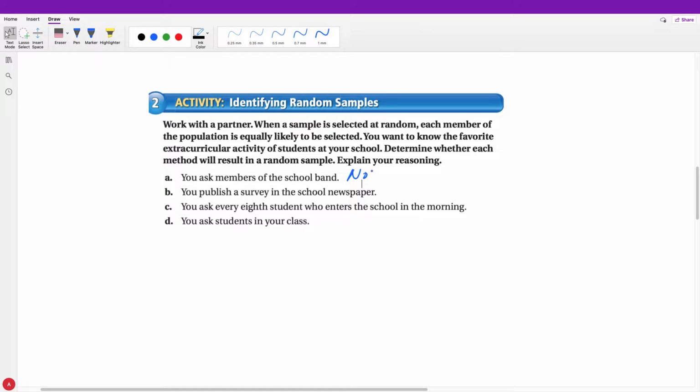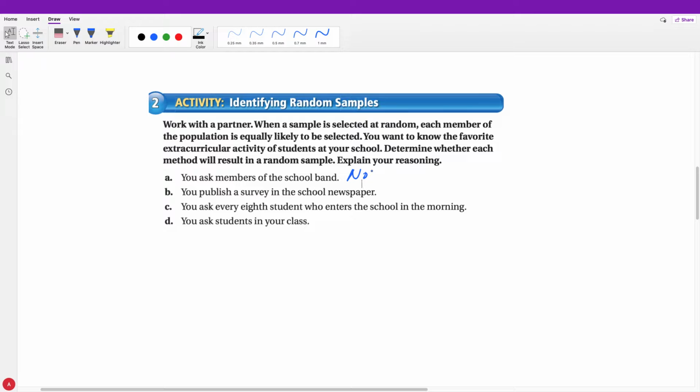And then you're also picking people that might have the same common interests. There's no randomness to it, because you are just going to that band. And you're not necessarily representing the population of your school, because there are different ECAs that people might like beyond what the band would like.